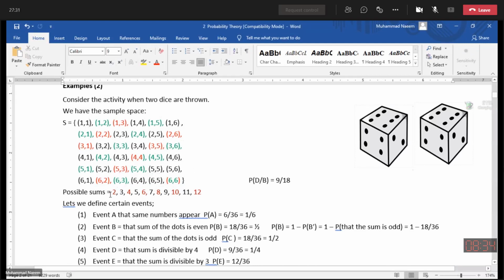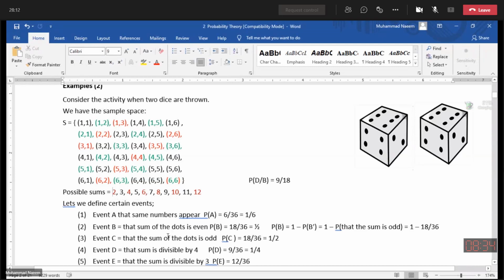In this case, possible sums are 2, 3, 4, 5, 6, 7, 8, 9, 10, 11, 12. The ordered pair with the minimum components is 1, 1, and the ordered pair with maximum components is 6, 6. So the minimum sum is 2, the maximum sum is 12. So we can easily trace out the ordered pairs which are giving a sum 2, 4, 6, 8, 10 and 12.